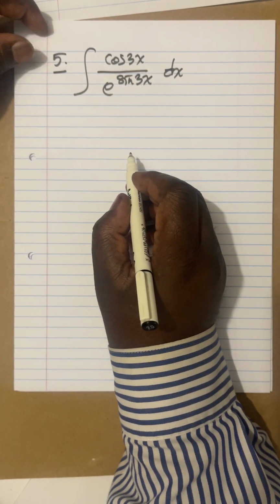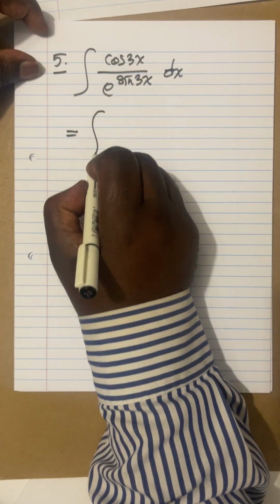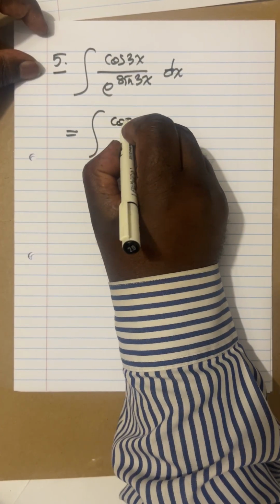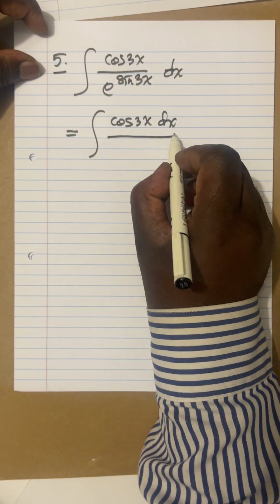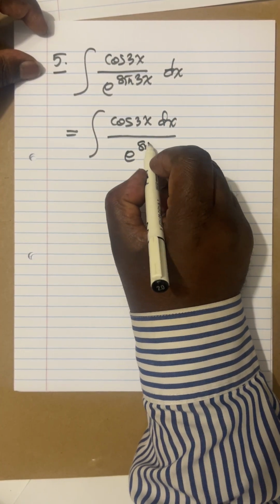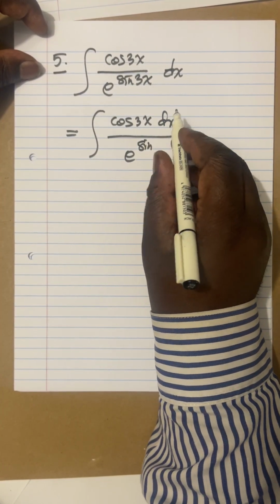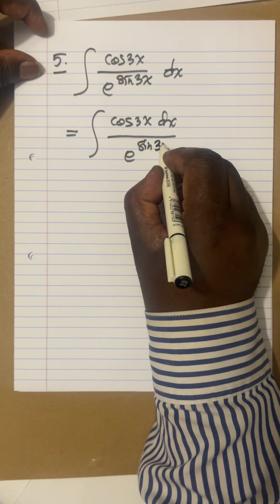I'm going to rewrite this to, check this out, cos of 3x. I'm going to put dx right at the top, and I'm going to say all over e to the power sine of 3x.